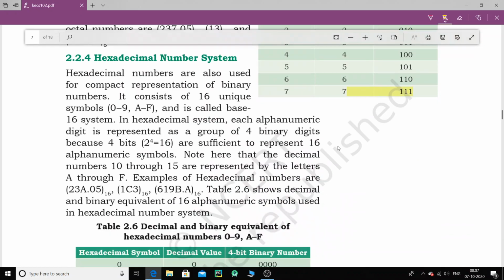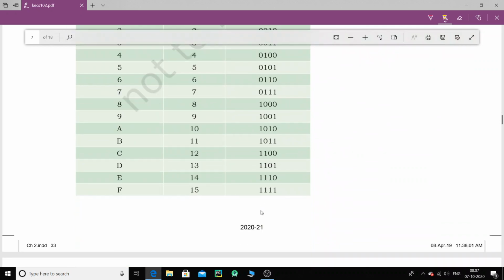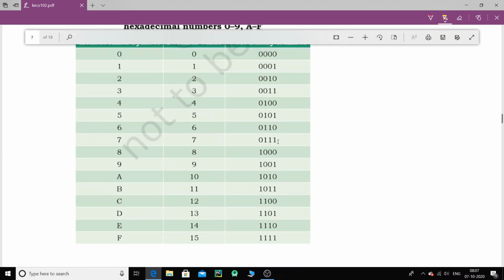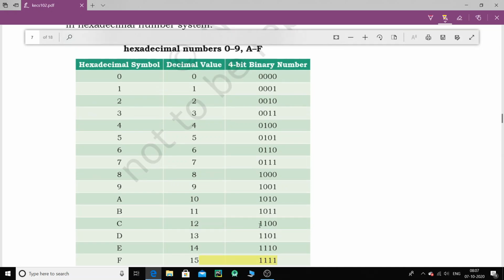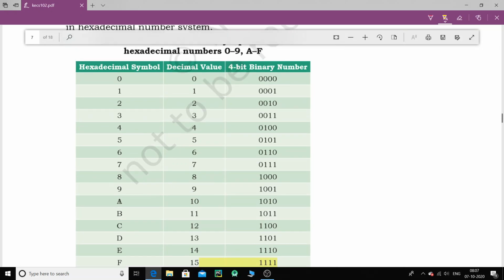These go from 0 to 15, right? And in the last number, you can see all the bits are occupied.